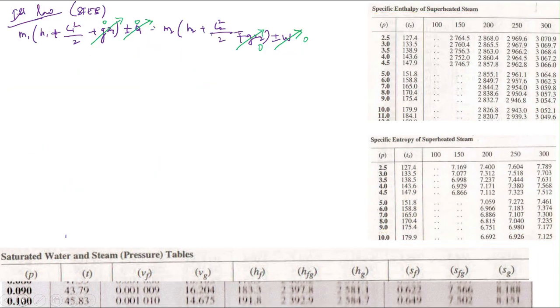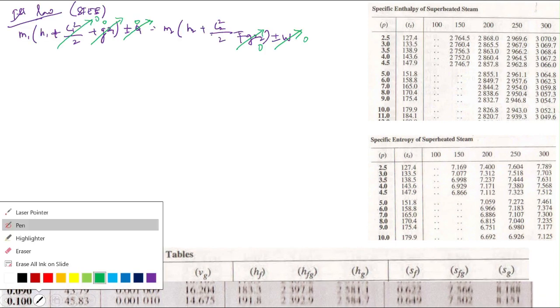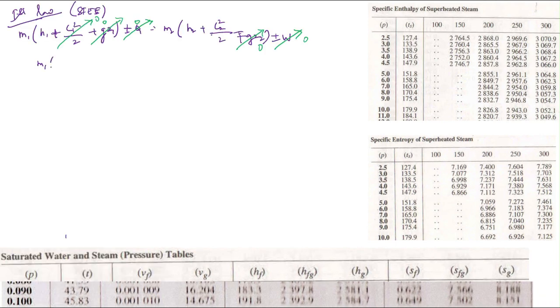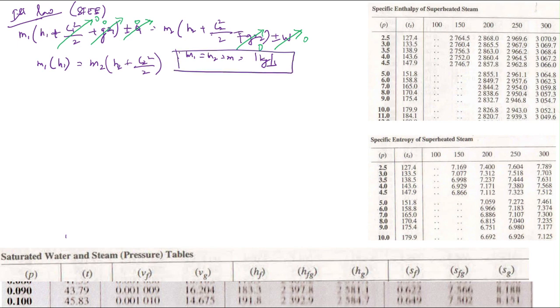After cancelling these terms, m1 into h1 equals m2 into h2 plus c2 square by 2. Here m1 is equal to m2 is equal to m, which is 1 kilogram per second, as the mass flow rate given in the problem. So the equation becomes h1 is equal to h2 plus c2 square by 2.